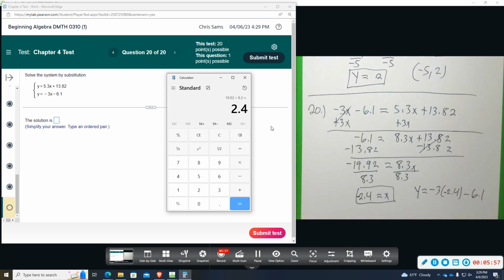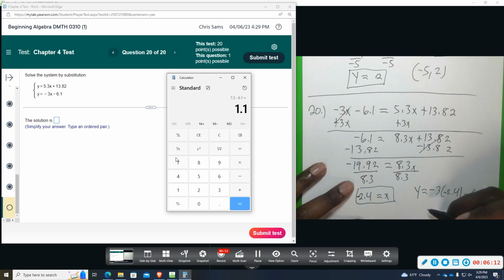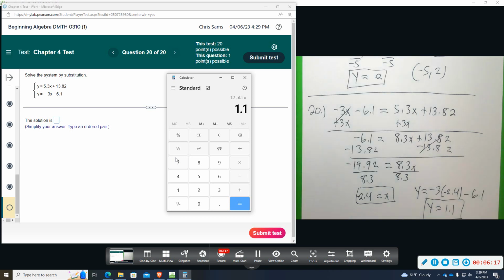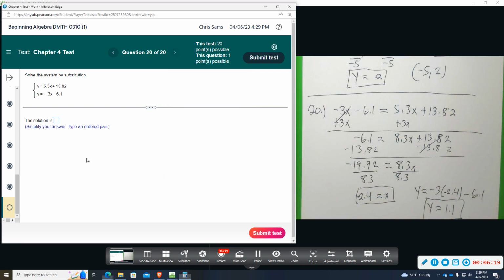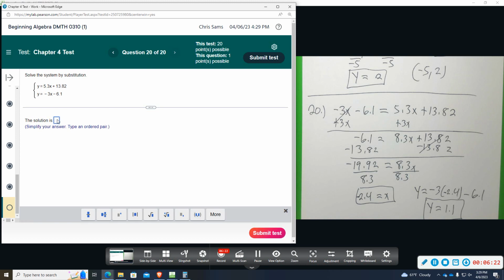So I'm going to take this number times 3, and then subtract 6.1. And that leaves me with 1.1. So y equals 1.1. Provided that I have not made any mistakes, this should be correct. So the solution is negative 2.4, be careful, negative 2.4, and then 1.1.